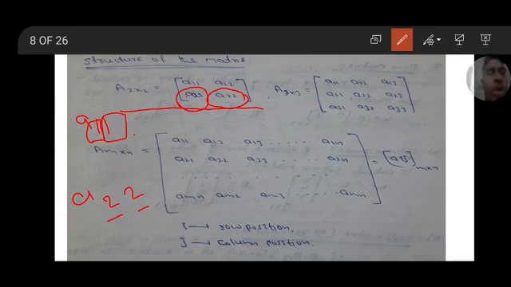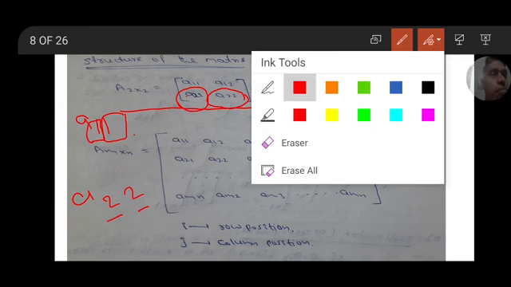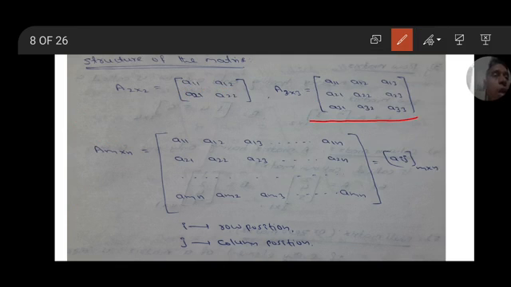Next, if it is a 3 by 3 matrix, then that is A11, A12, A13, meaning first row first column, first row second column, first row third column. Next, A21, A22, A23 and A31, A32, A33. In general, if it is an M by N matrix, it means M rows and N columns.